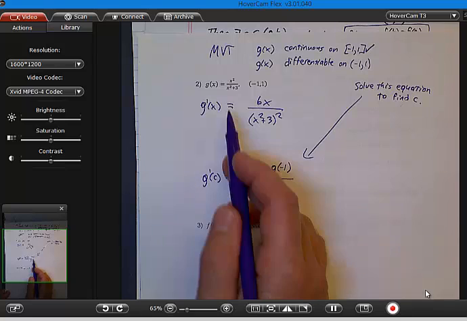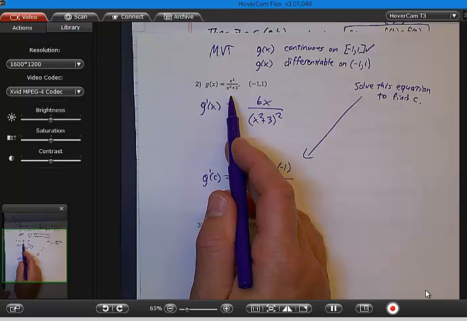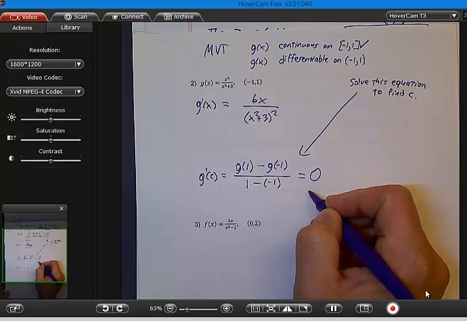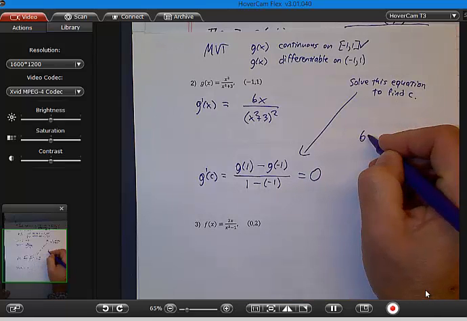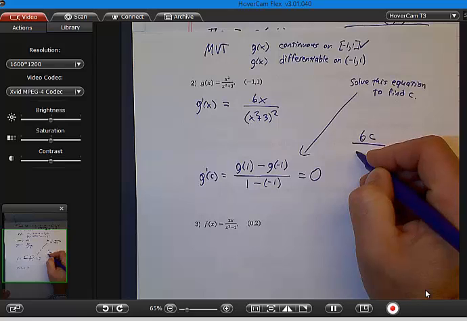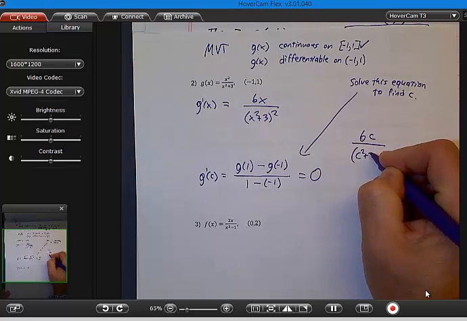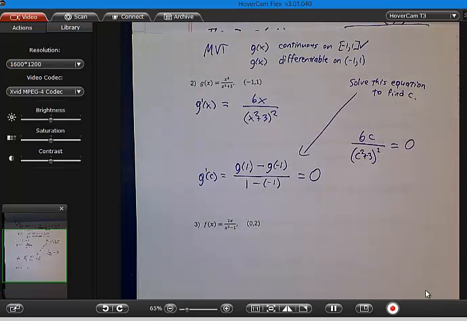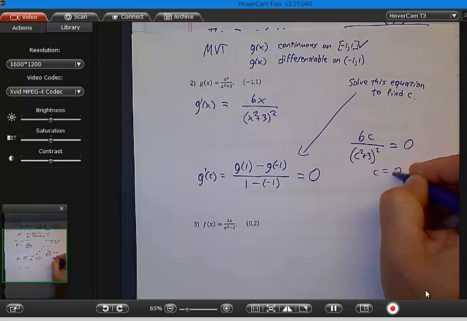Because this is an even function, right? So g prime of c, this part's 0. So the equation you're trying to solve is 6c over c squared plus 3 squared equals 0, right? And so what's your answer? C equals 0.